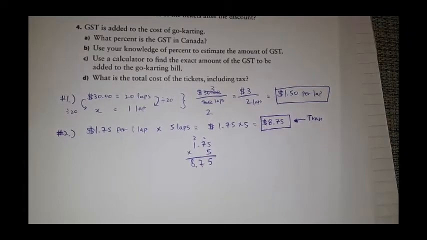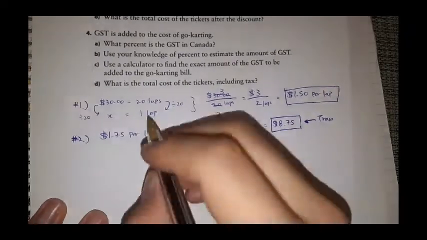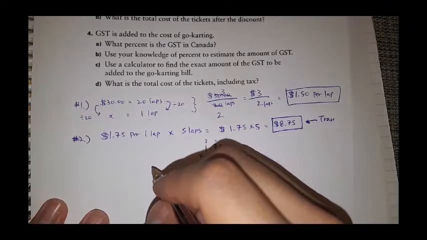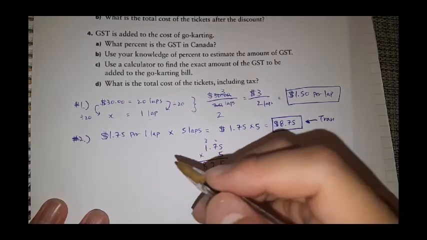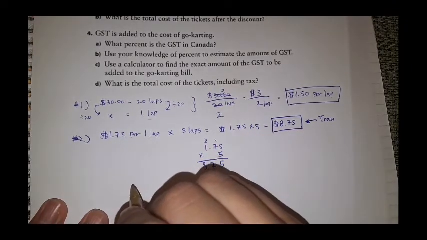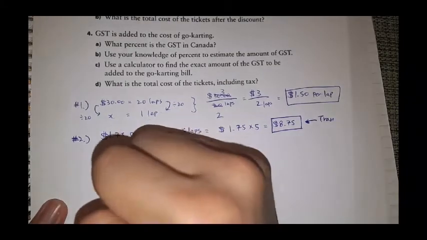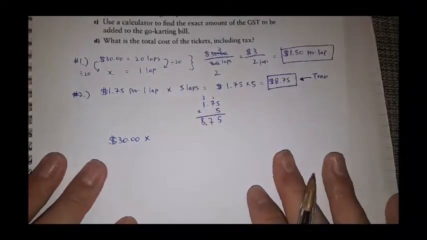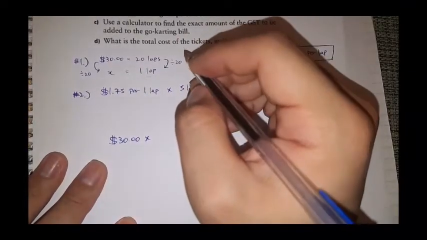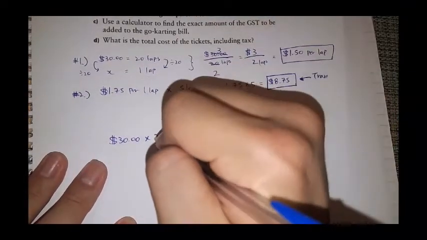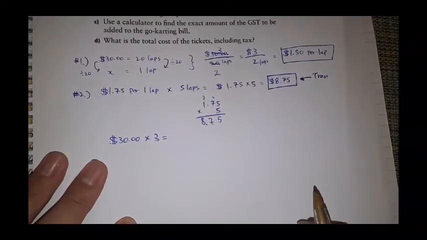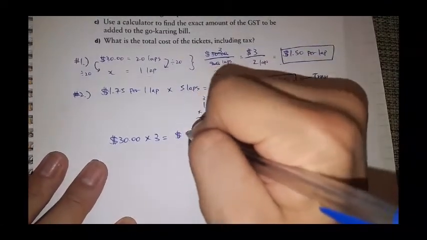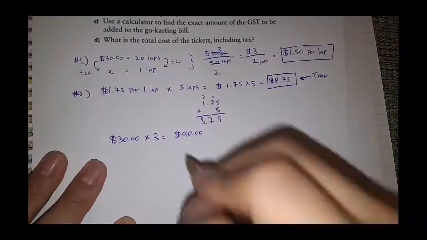Now next, however, the other 3 kids purchased 20 laps for $30. So in that situation, this $30 for 20 lap tickets, you gotta multiply. 3 people bought it, so 30 times 3, which is $90.